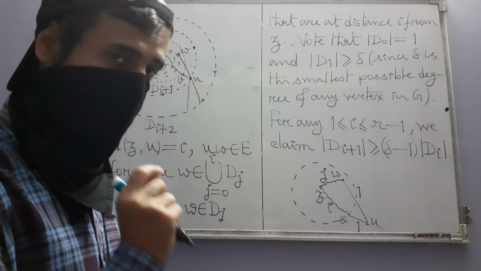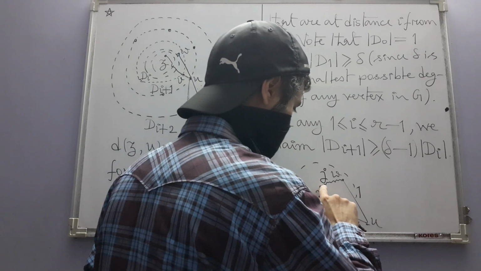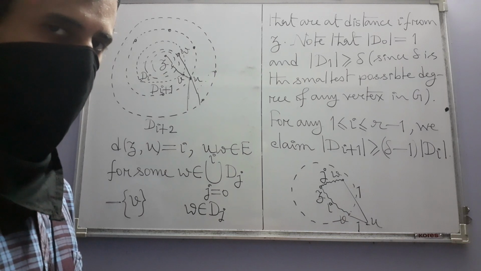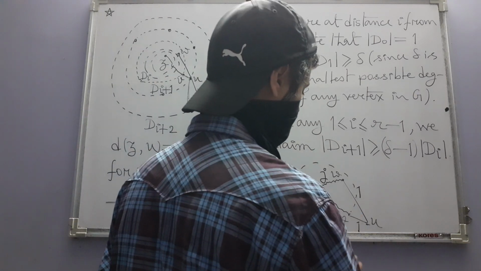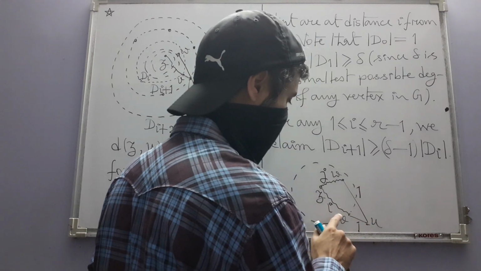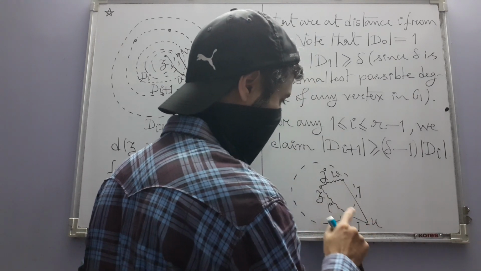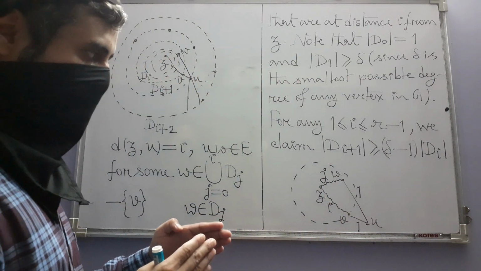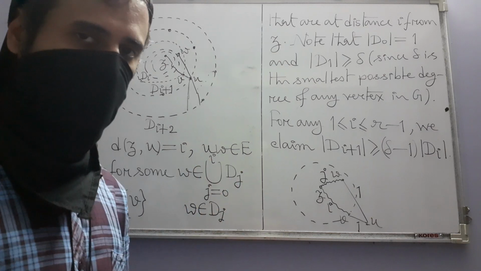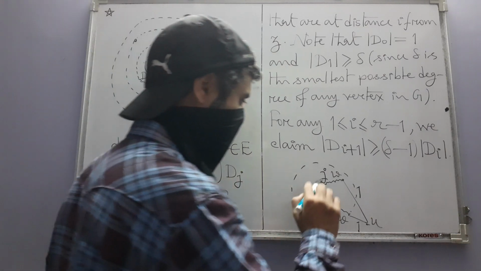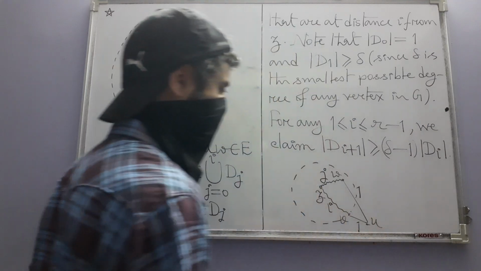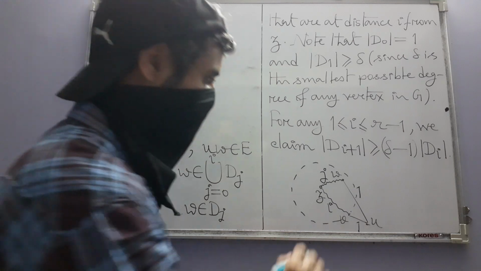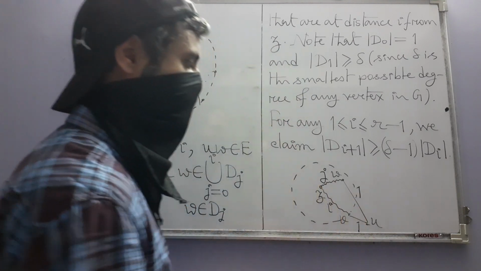But there is a catch. These paths themselves may not give you a cycle. Why? Because these are single edges joining V and U and W and U, but the other parts are paths. There is a possibility that they may cross each other. So this itself may not be a cycle, but there may be smaller cycles within this whole path.